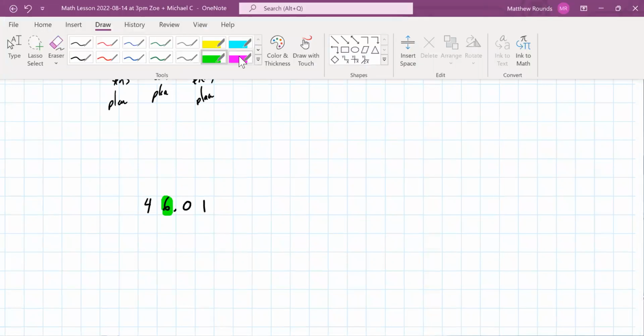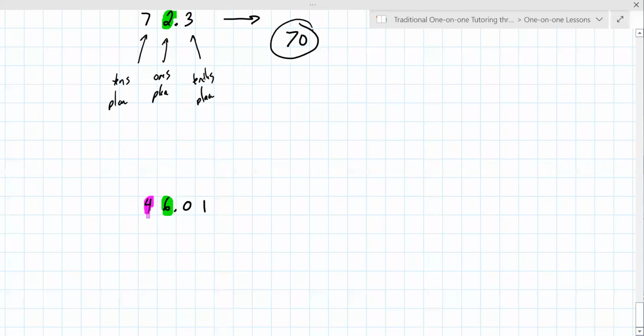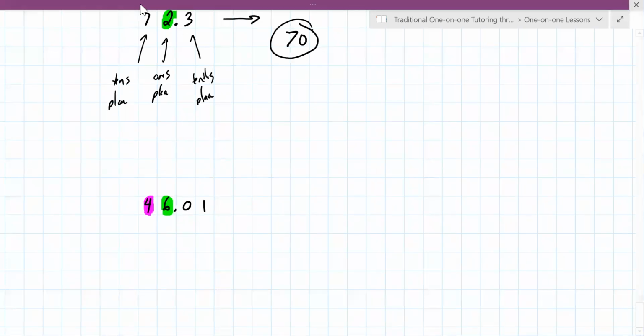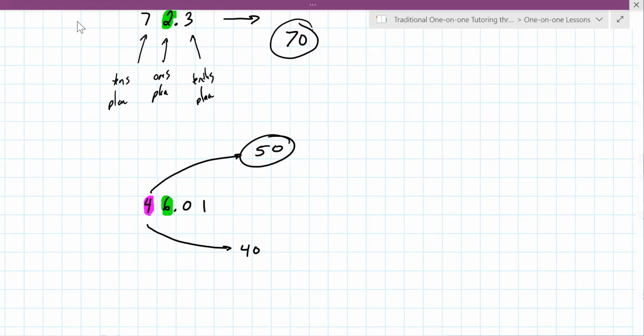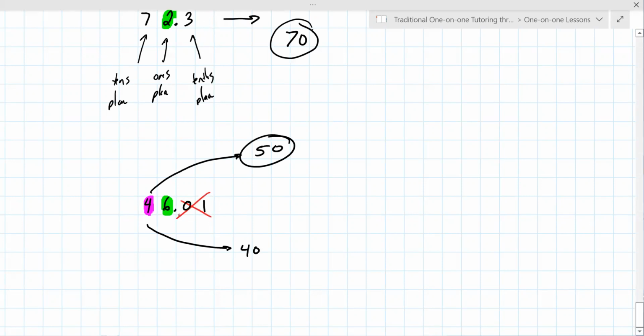Now the number we look at, see this 4, this is in the tens place. So that 4 means it either goes to 50 or it goes to 40, but it's based on this 6. So which one does it go to? You already said it, 50, perfect. And see all of this other stuff, this is all a distraction.